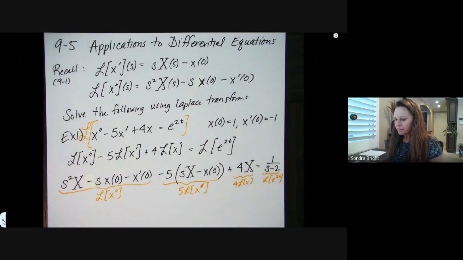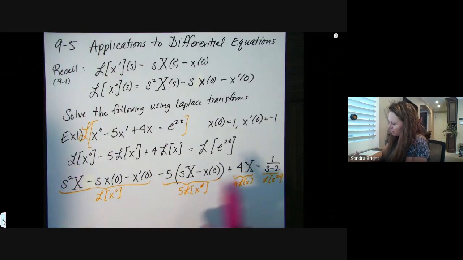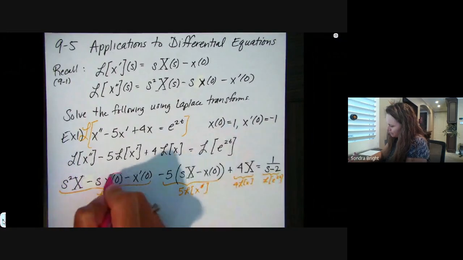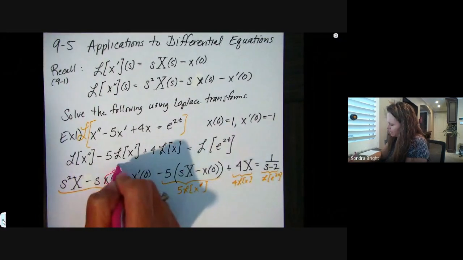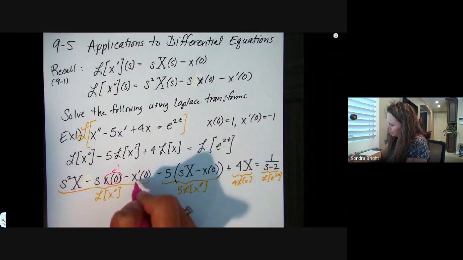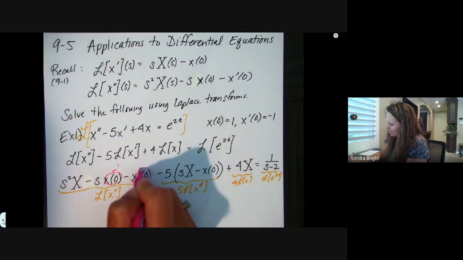Now we were given some values, so let's replace those. x of 0 is 1, and x prime of 0 is negative 1.